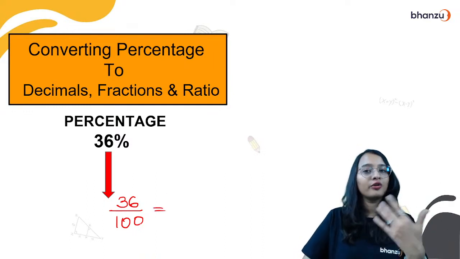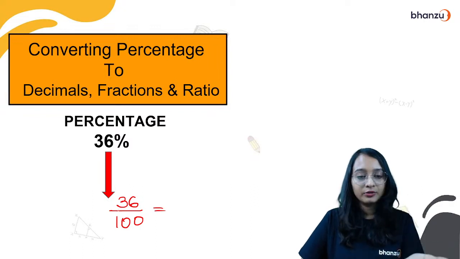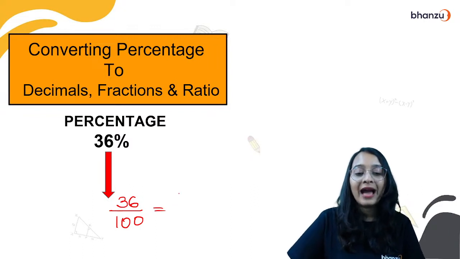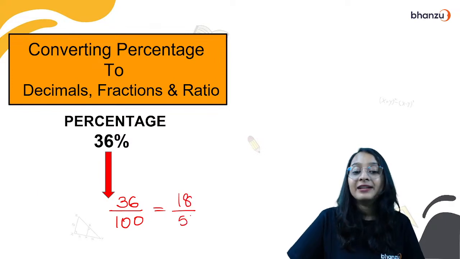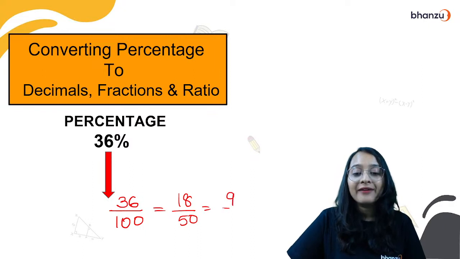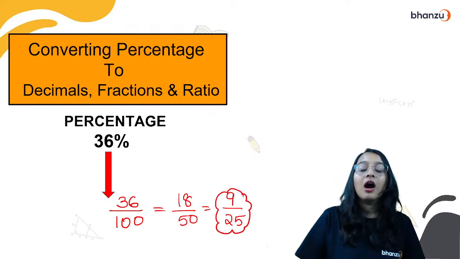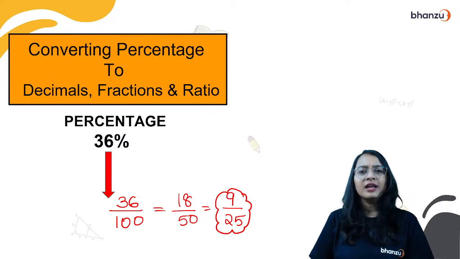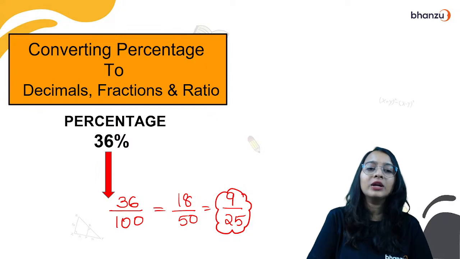You can use your 2 table for that. So you will be having 18 by 50. But can you further simplify this? Yes, with 2 table again. So you will be having 9 by 25. So we just converted a percentage to a fraction. Now, how do you convert a fraction to a decimal?